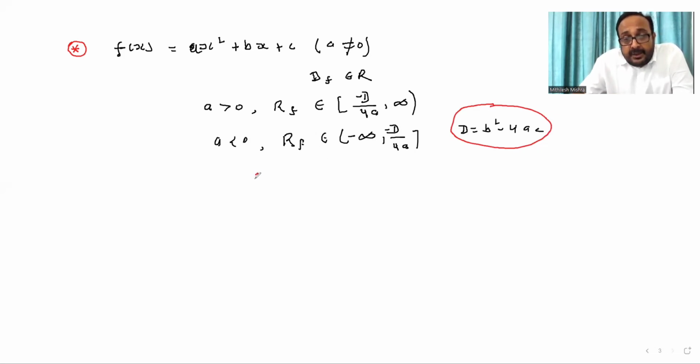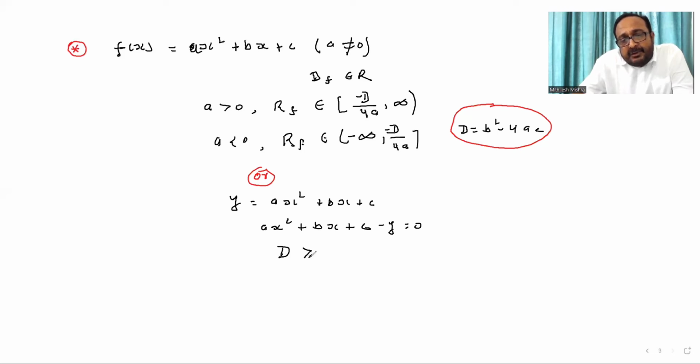Or you can use another method also. Suppose f(x) is equal to y, so y will be equal to ax² + bx + c. Making quadratic in x, we can write here ax² + bx + c - y = 0. Naturally, its discriminant will be greater than or equal to 0, because x means domain, and domain always must be real numbers.